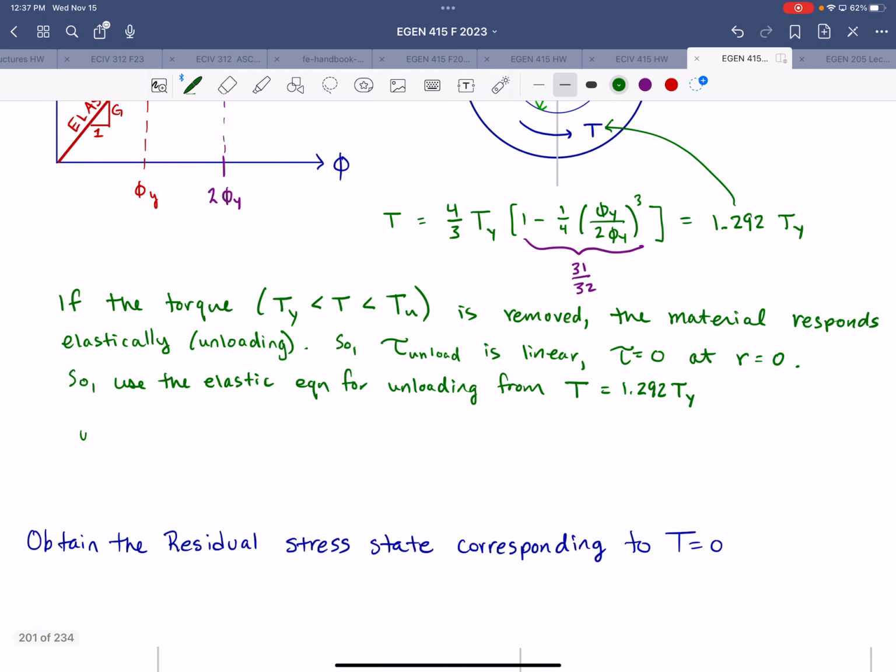Our unloading stress would be torque times radius divided by polar moment of inertia.